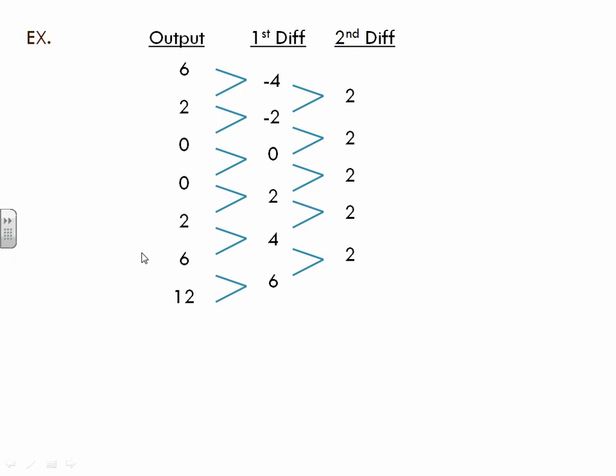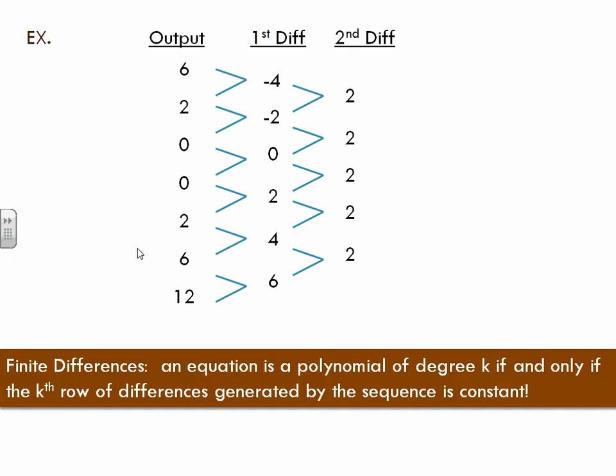Because we have this general theorem here that says with finite differences, an equation is a polynomial of degree k if and only if the kth row of differences generated by the sequence is constant. So what this means is whatever row of differences you get, if they're constant, then that's the degree of the polynomial. So because the second differences here were all the same, it's a quadratic or degree 2.